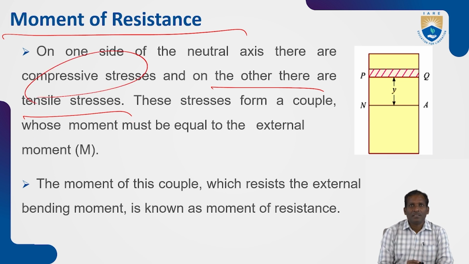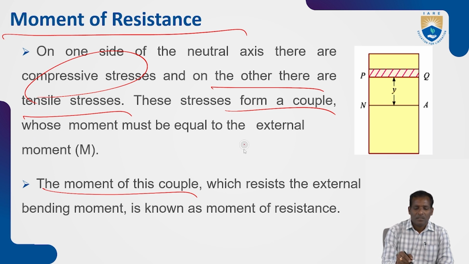These stresses form a couple, whose moment must be equal to the external moment. So the moment of this couple which resists the external bending moment is known as moment of resistance.